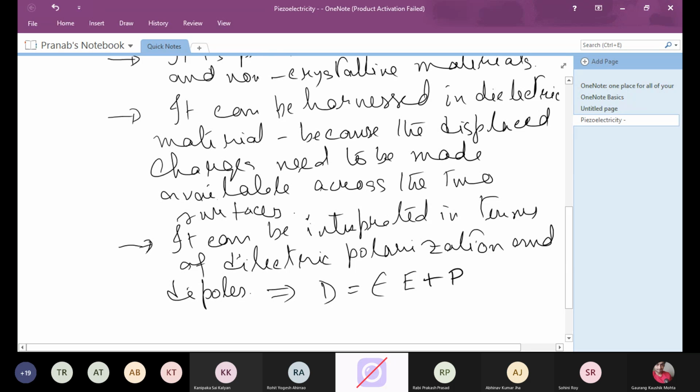So that way it can be related. P is the polarization, D is the charge or dielectric flux.